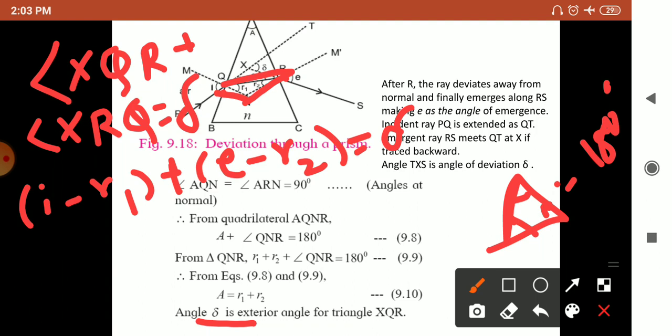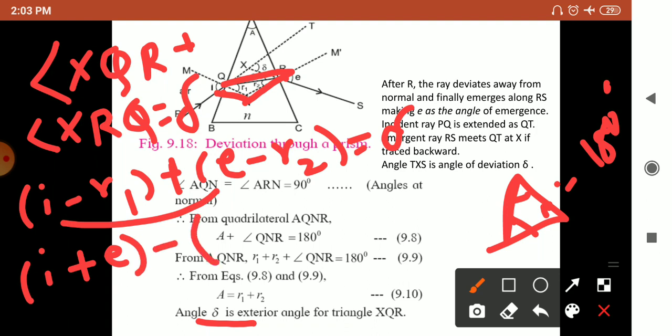Here we can change that to I plus E. We have to just take this E and I in one bracket, and minus sign will be common. So it will give R1 plus R2, so it is equal to delta.